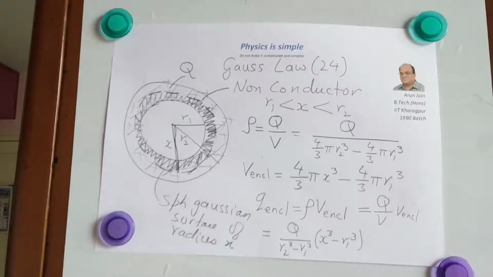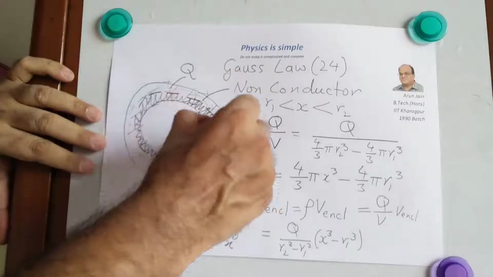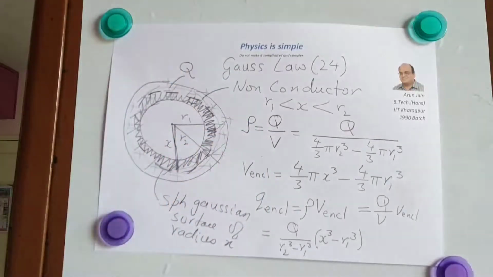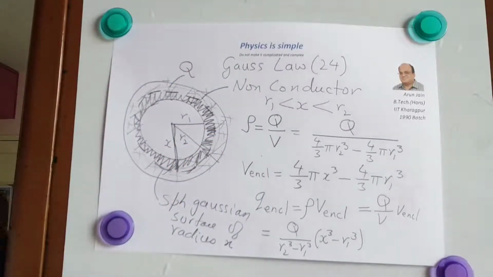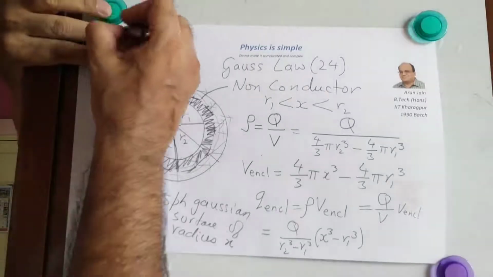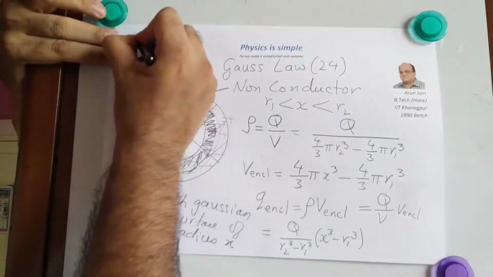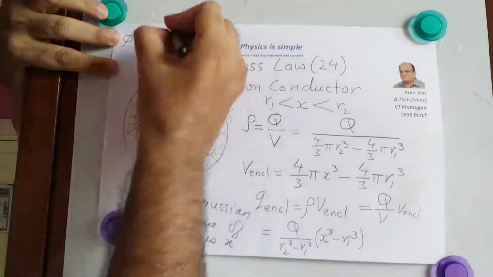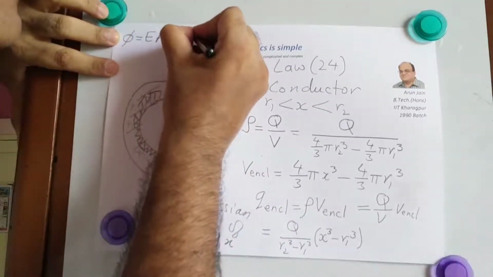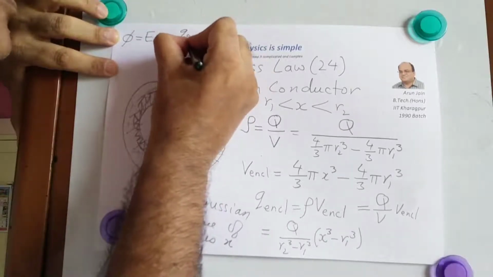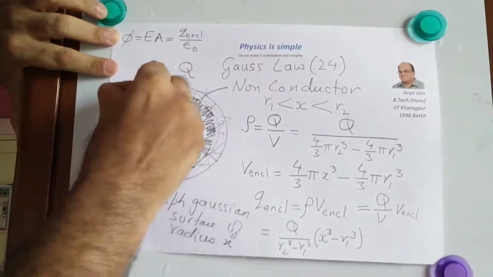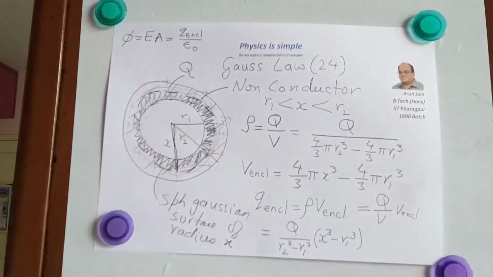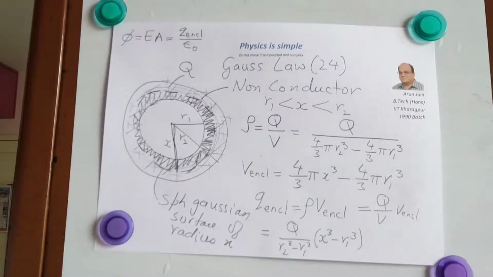All those symmetry arguments are valid. Okay, E vector will be same at every point of the Gaussian surface. E vector and dA vector will be parallel at every point. So the electric flux will become E into A, and this is equal to Q enclosed that we have got divided by epsilon naught. A is the area of the Gaussian surface since it is spherical, a sphere of radius x, the area will be 4 pi x square.